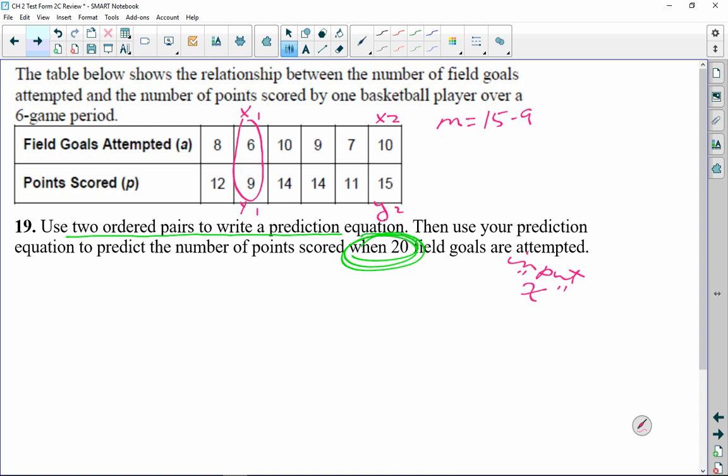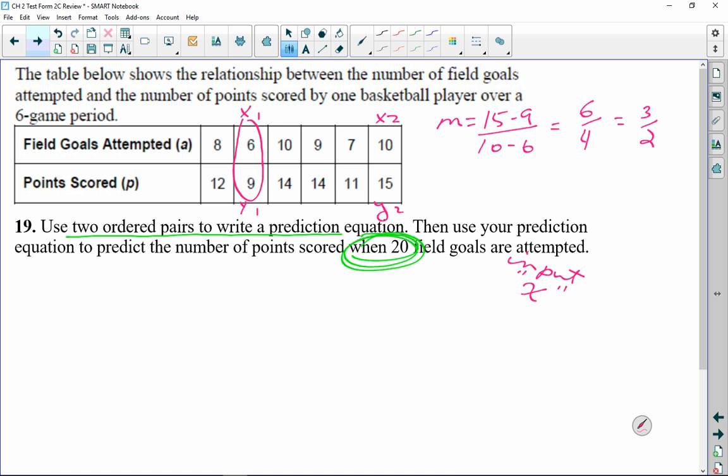(15 minus 9) over (10 minus 6), 6 over 4, right? 3/2. Okay, so I've got a whole bunch of points I could use, and then I've got a slope. Which form would I start with? Good. And which point would I use, though, Millie?